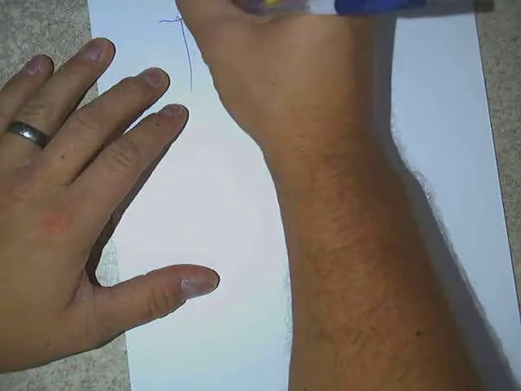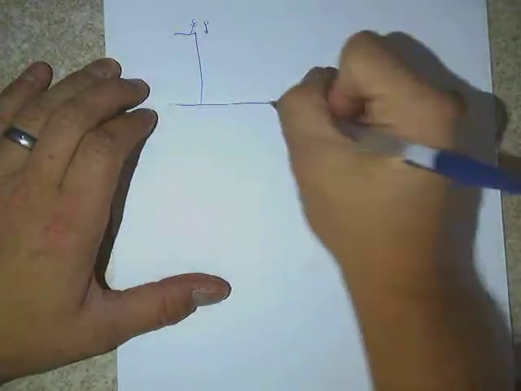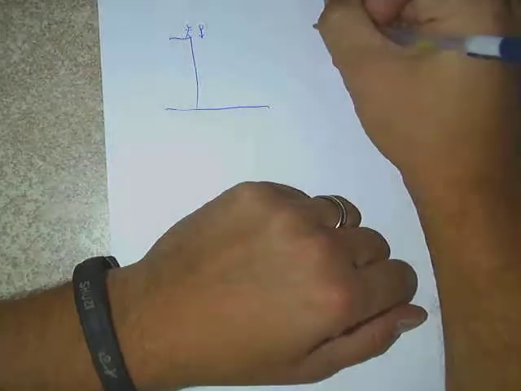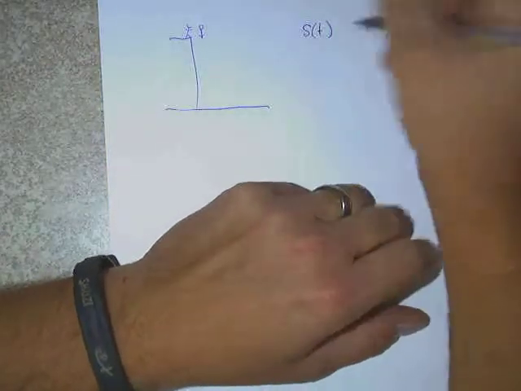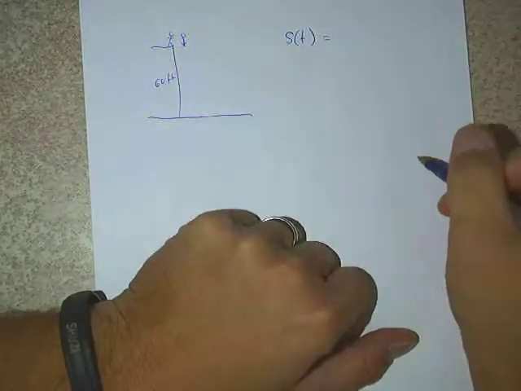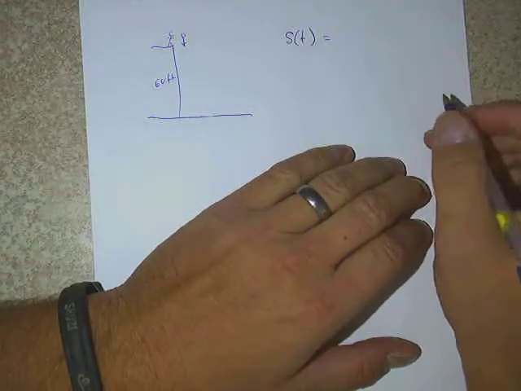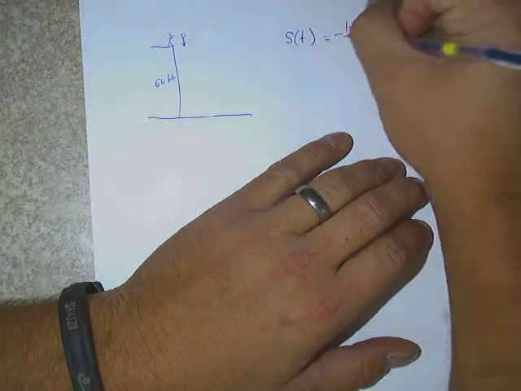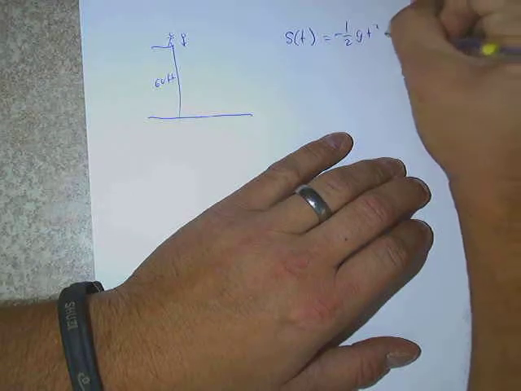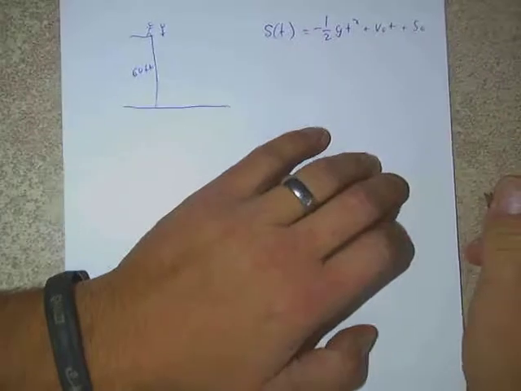So let's go ahead and use those with a particular problem. I'm going to say that we drop an object from a cliff. Say we drop a rock down the cliff. If I write a position function for that, I'm going to say that the cliff is 60 feet tall.